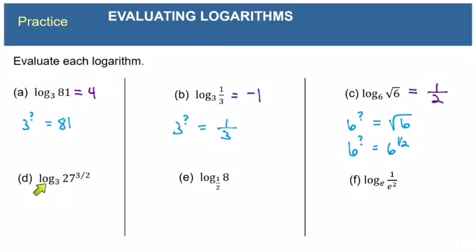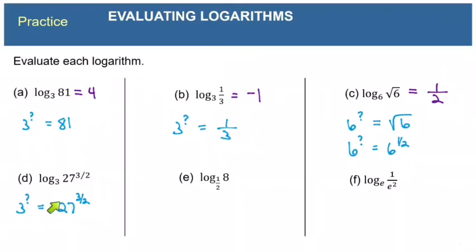And here's part D. Log base 3 of 27 to the 3/2. So we would say, what is the exponent of 3 that produces 27 to the 3/2? That one's kind of hard to think up in your head, so it really does help to see it in exponential form. And then you know that if you could just have the bases the same on both sides, you would know the exponent.